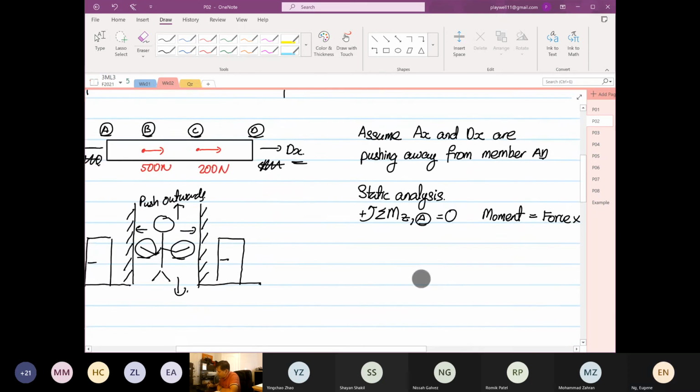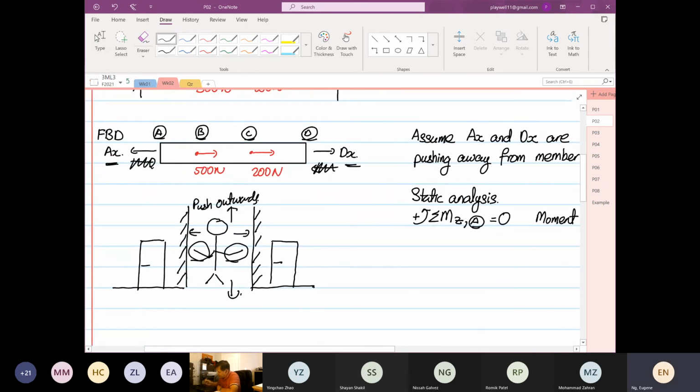All our forces have no perpendicular distance at all, right? So this is the distance we are interested in to take moment about the z-axis, right? And all these distances are parallel to the applied force. So there's no moment at all for that reason.